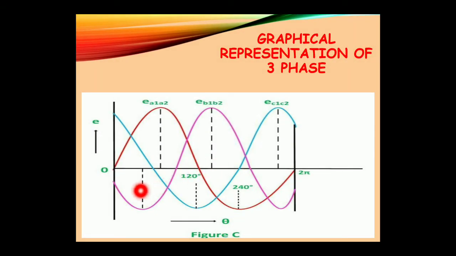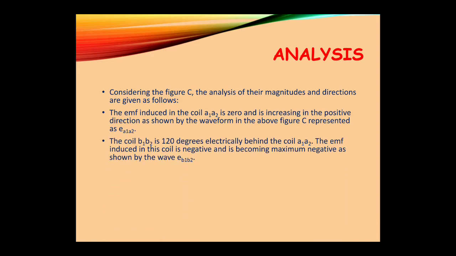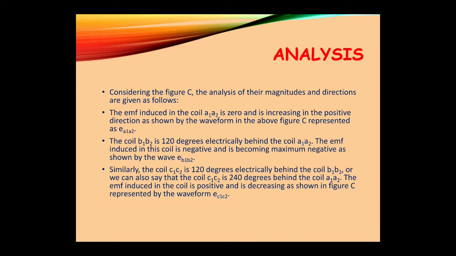So here it is, that is 0 and that is minus 120, that is EB1 B2. And similarly, the coil C1 C2 is 120 degrees electrical behind the coil B1 B2, or we can also say that C1 C2 is 240 degrees behind the coil A1 A2. The EMF induced in the coil is positive and decreasing, as shown in figure C, represented by the waveform EC1 C2.